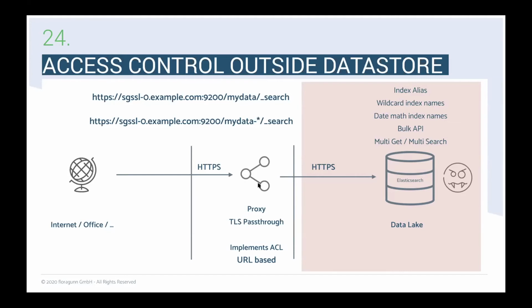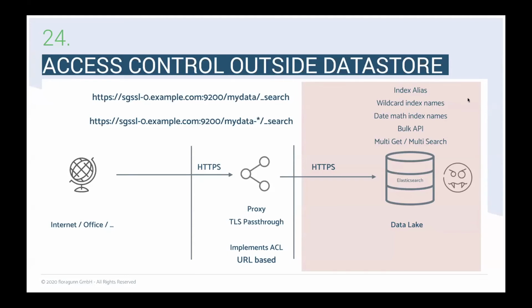For example, I have set up a role and I want to disallow access to an index called MyData. So a naive approach could be, well, I have the index name in my URL, so I can inspect it, and I can then decide whether I should allow or disallow the access.